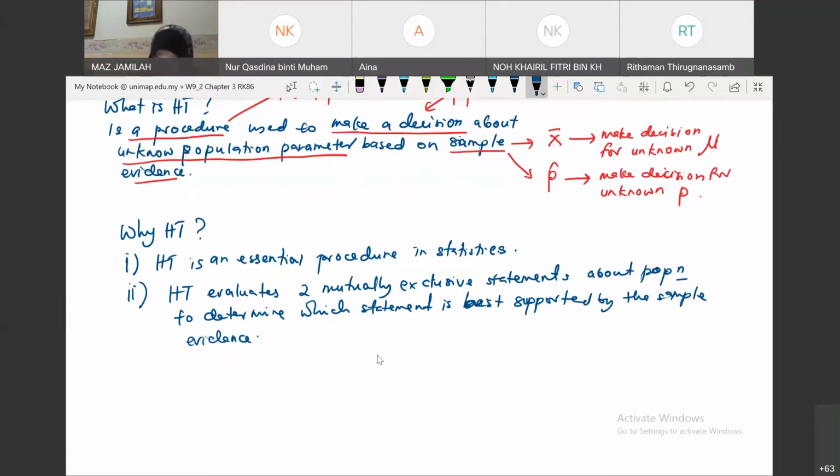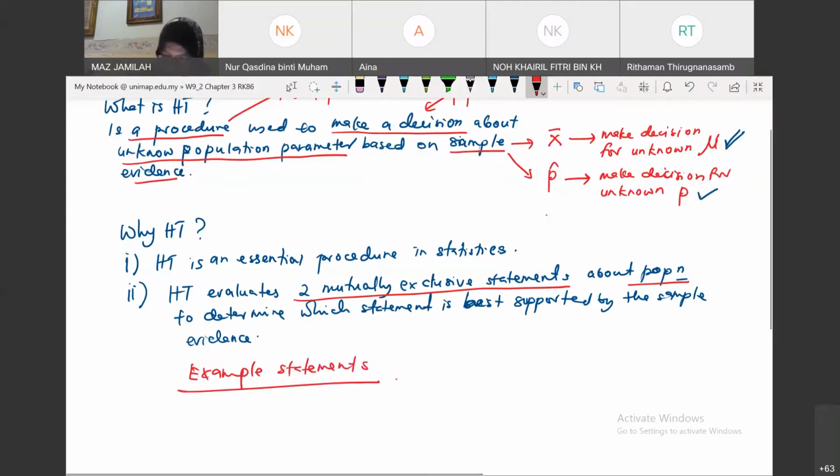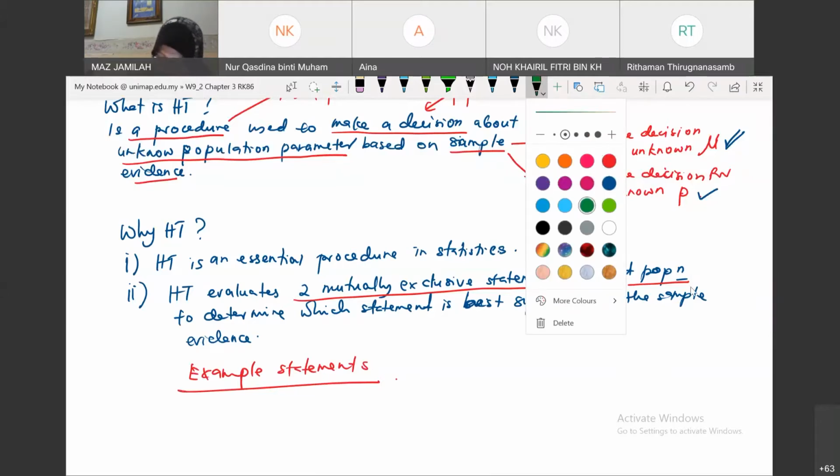Because we are talking about population mean and population proportion, let's look at the first one, the population mean. How can we write these two mutually exclusive statements about your population? Your statement will always refer to your population parameter. Here is an example of a statement.